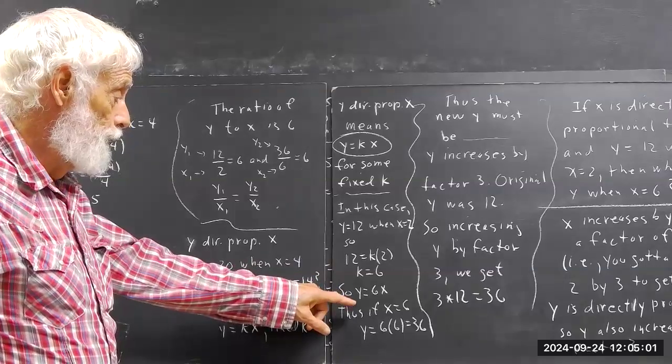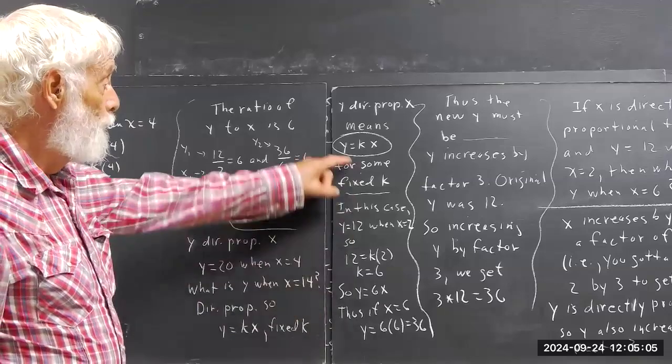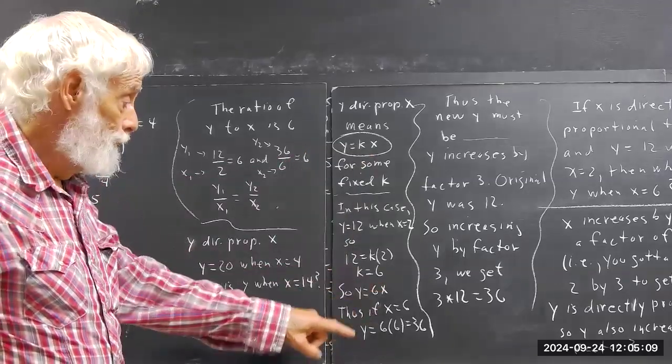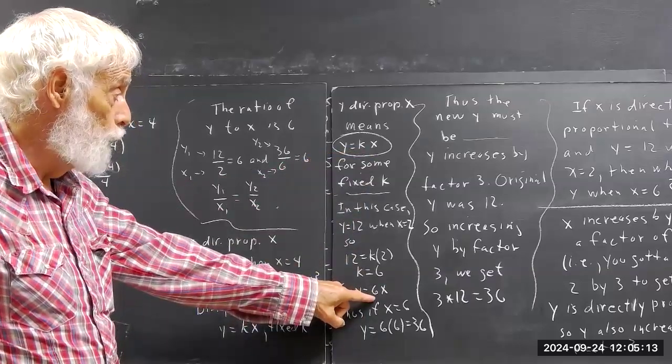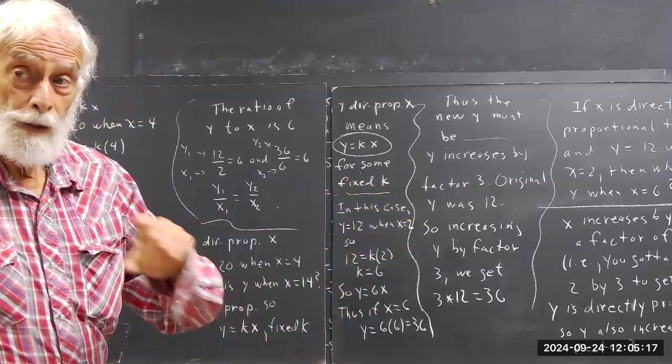Here, why did I say then y equals 6x? It's because y equals kx, and we found that k is 6. So instead of y equals kx, we can write y equals 6x. Why? Because it's a fixed k. It's a value k that doesn't change.